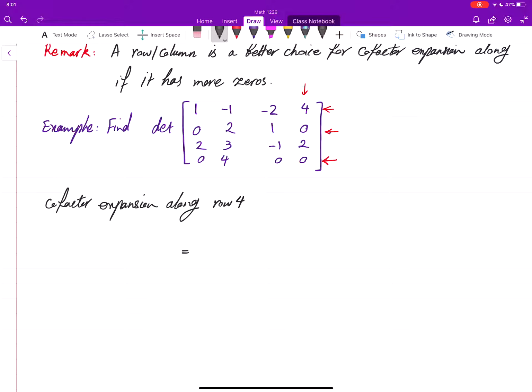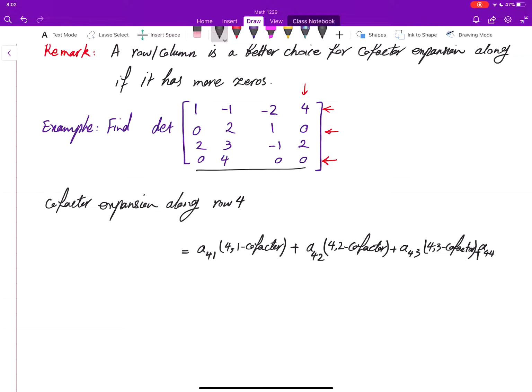First, let me just write the entries of the fourth row: a41, a42, a43, and then a44. a41 multiplied by the 41 cofactor, added to a42 times the 42 cofactor, added to the 43 entry times the 43 cofactor, and then added to the 44 entry times the 44 cofactor.